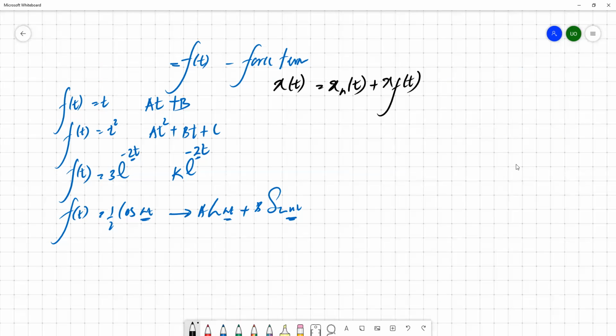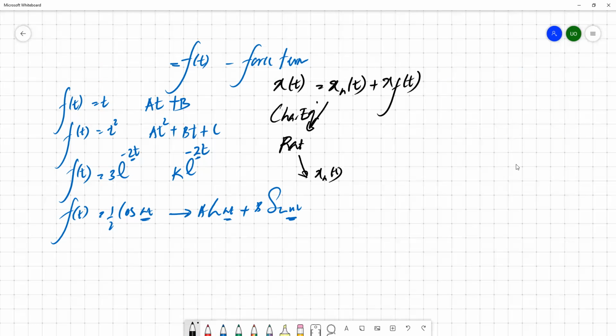You should be clear on how to evaluate them. For the natural response, you don't have any option other than doing it in the time domain. You take the left hand side of the differential equation, then the characteristic equation and its roots, and get the natural response accordingly.